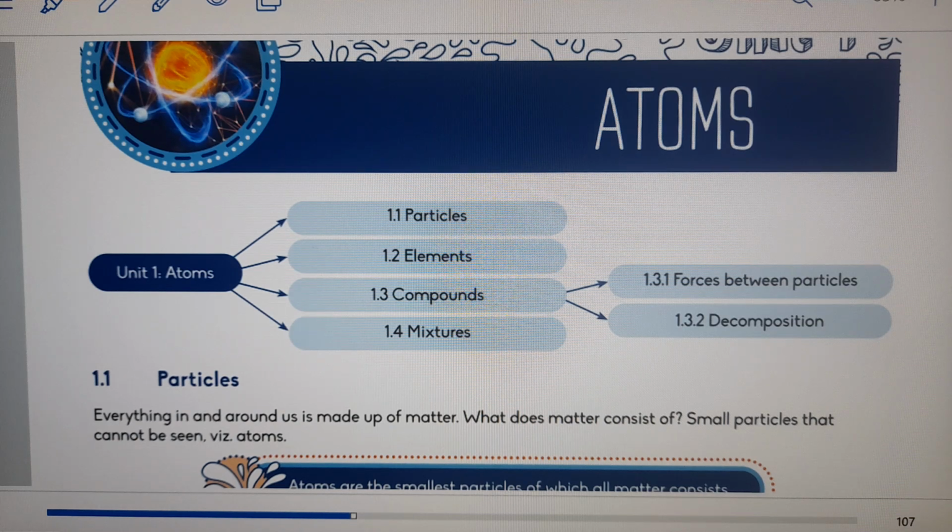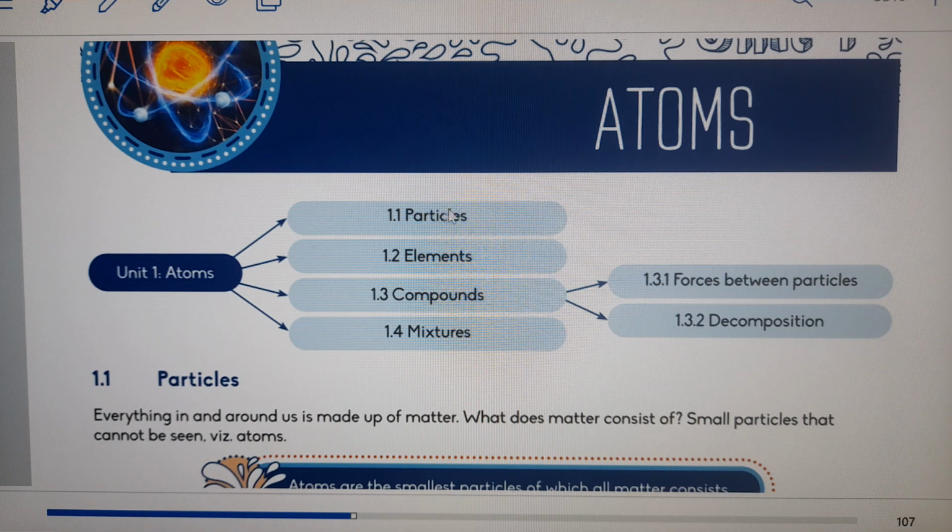Hello, today we are doing the last part of unit number 1 of term 2, metals and materials. Remember we said we will do 3 units, and the first unit is atoms, and we have covered 1.1, which is the particles.